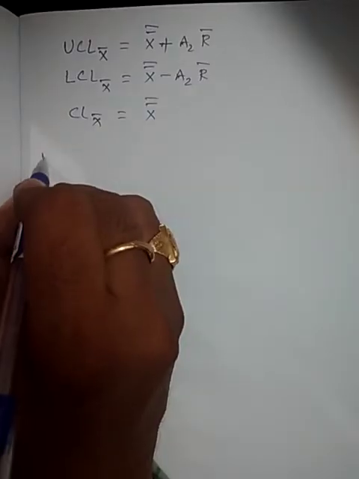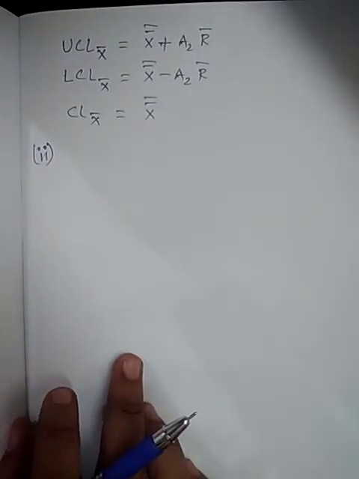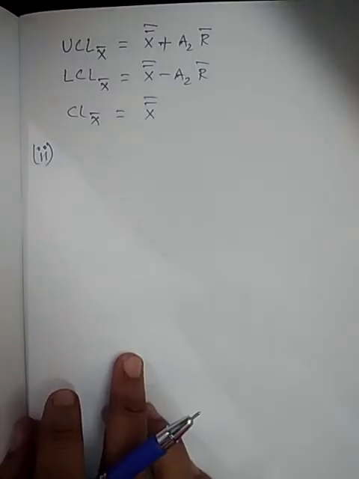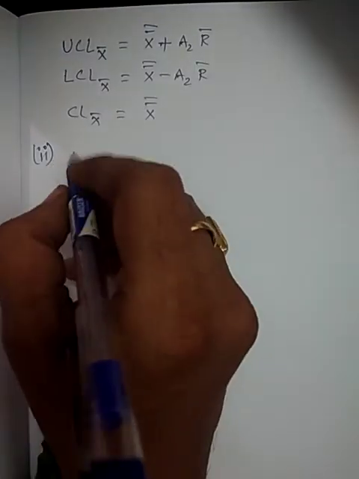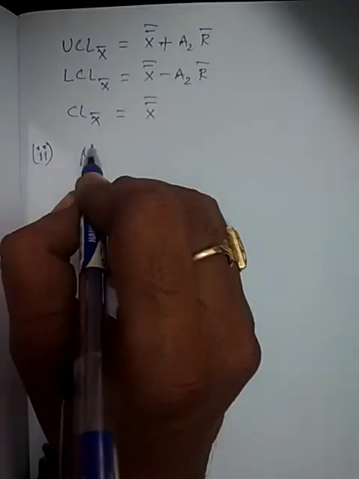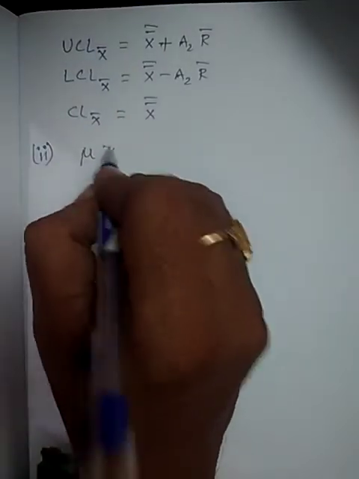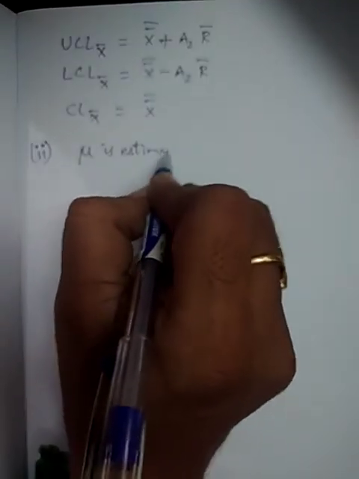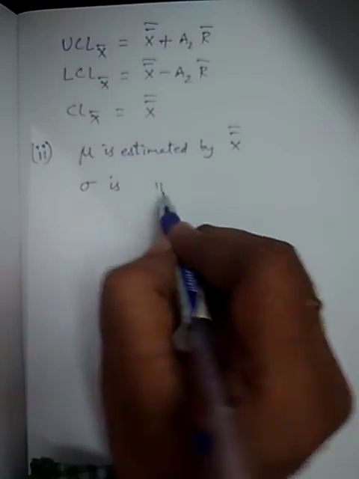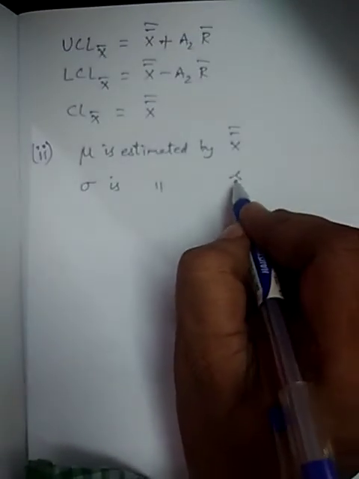Now the case 2, that is another case. In case 2, mu is estimated by x double bar and sigma is estimated by S bar by c2.